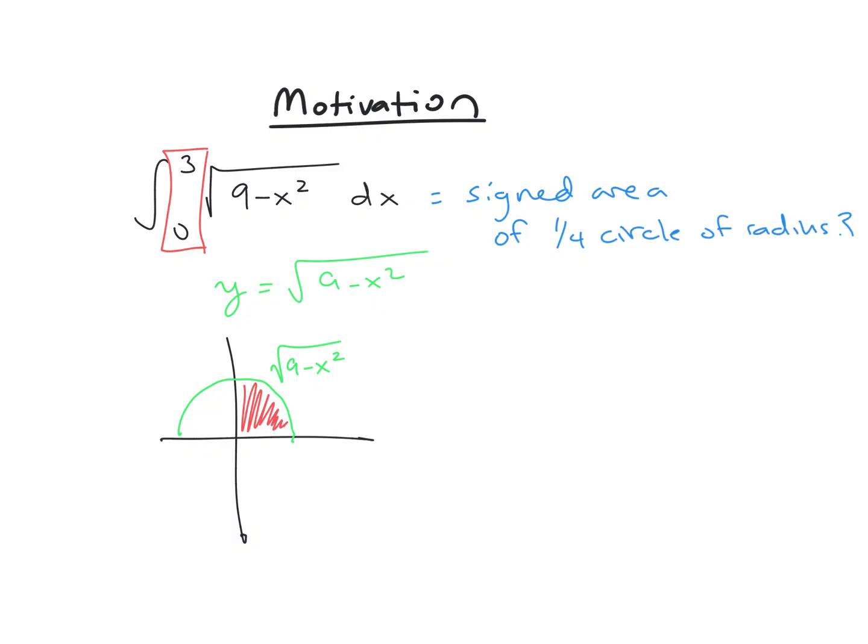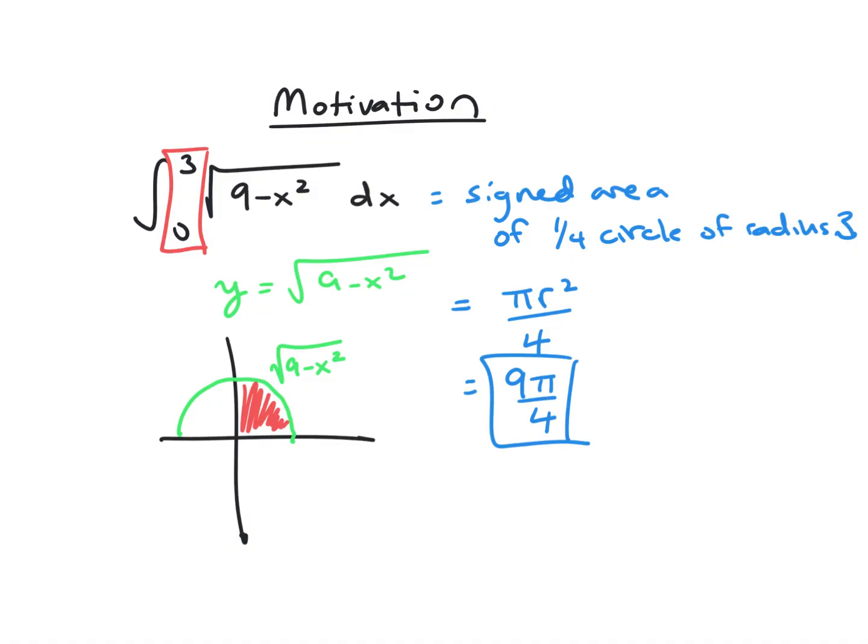Because of that, we actually don't really need to use the fundamental theorem of calculus at all. We don't need to find an antiderivative or anything. We can just compute this using pi r squared, but over 4 because it's a quarter circle. Our radius is 3, and so this is 9 pi over 4. Right? So I can just use geometry here.